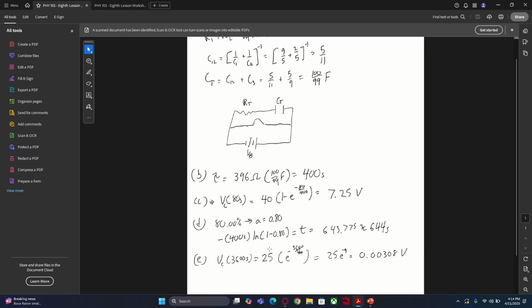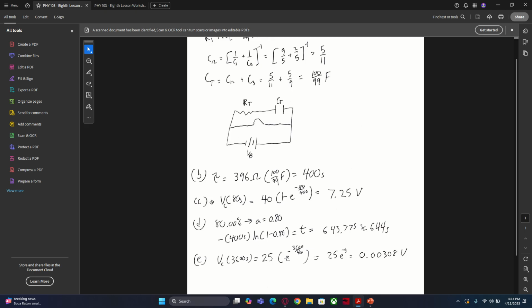But in this case, we were told a different value. We were told that the capacitor was charged such that the voltage difference got up to 25 volts. So we'll use that. And then it was discharged for 3,600 seconds, for 1 hour. And the time constant is still 400 seconds, multiplied by -1.